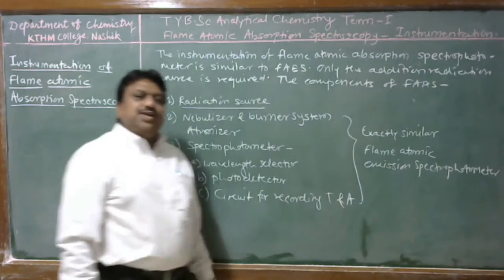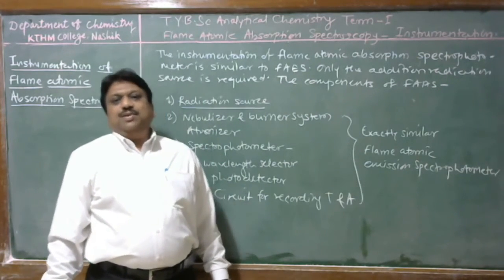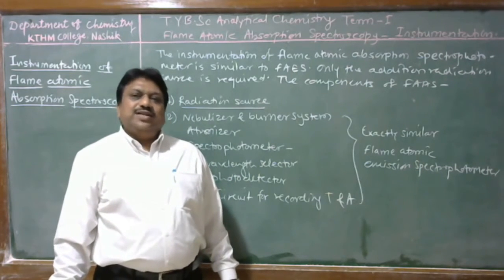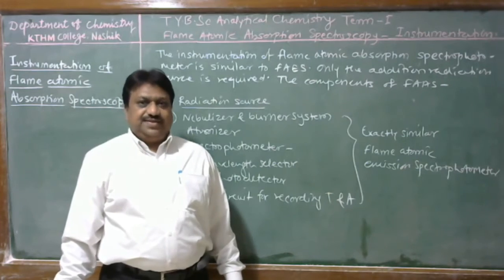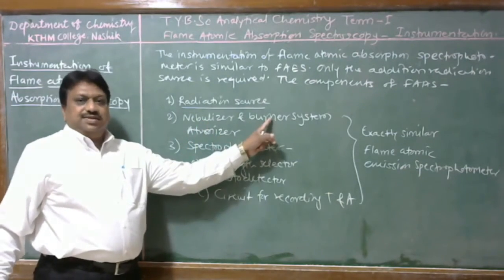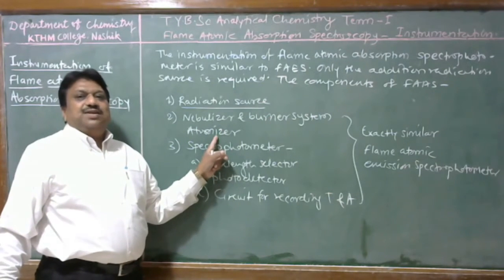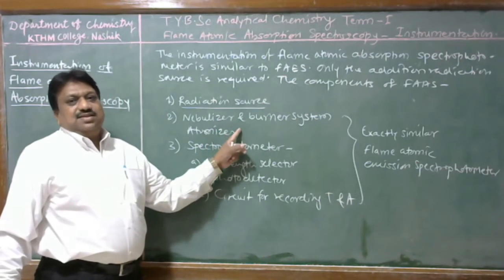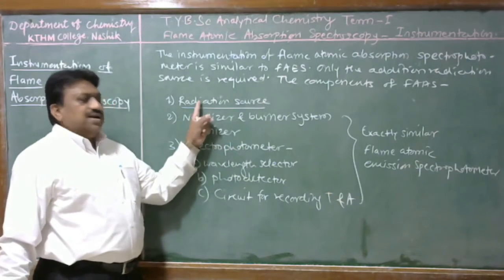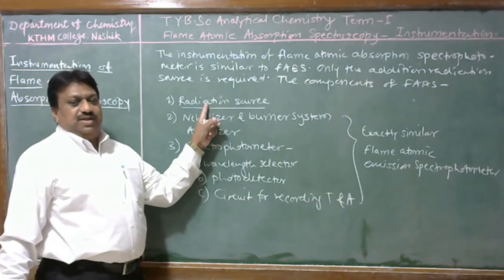Here, similar to flame atomic emission spectroscopy, flame atomic absorption spectroscopy is also performed on a sample which is in a gaseous state. Therefore, a nebulizer burner system or atomizer system is required to convert that sample into gaseous state atoms. These gaseous state atoms are excited by using their own resonance wavelength.